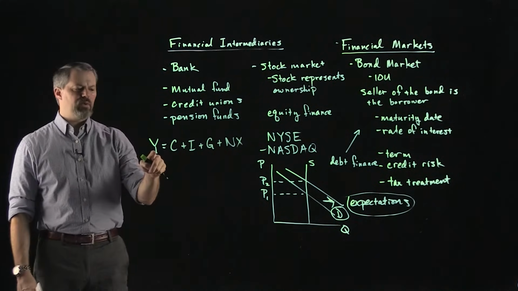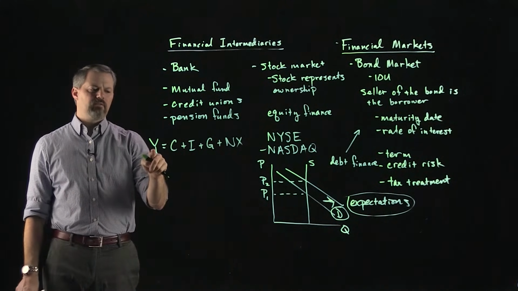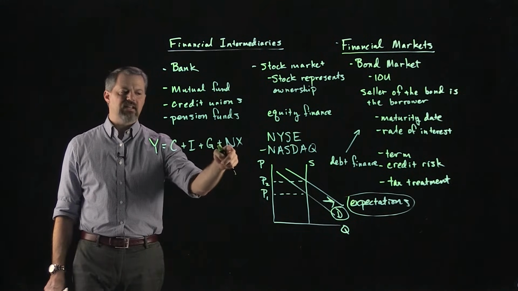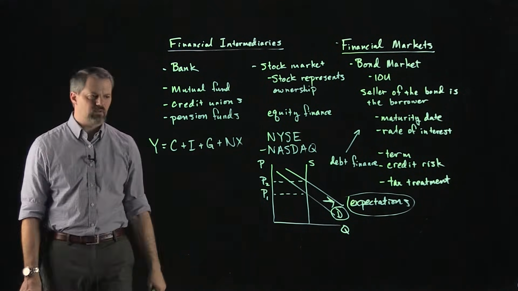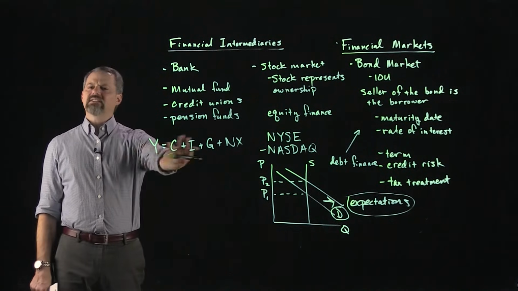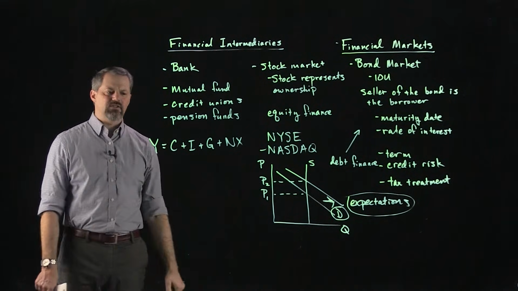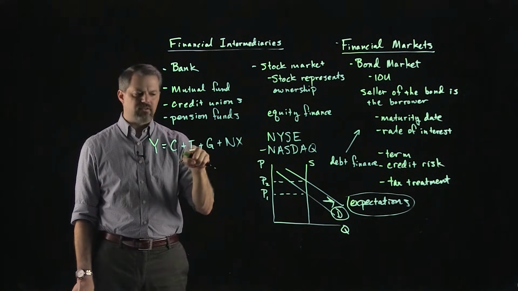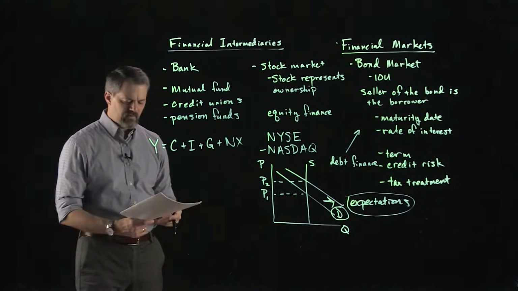So total GDP is made up of consumption and investment and government spending or government purchases, and then net exports, exports minus imports. So this is an identity. This is true by definition. It means that any dollar that's in GDP is going to be a dollar that's in one of these categories.